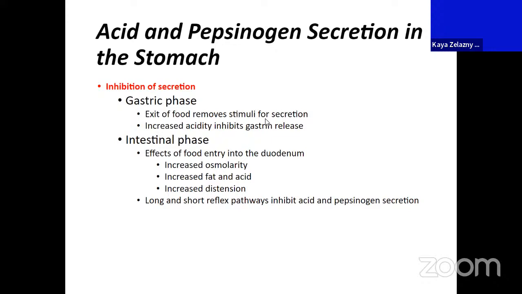That would turn off signals telling us to make acid and pepsinogen. Or we can sense that food is now in the duodenum. And so by process of deduction, your body knows if it's in the duodenum, it's not in the stomach anymore. So this also inhibits these stomach secretions. So these two things work together. They're two peas in a pod. They're going hand in hand.